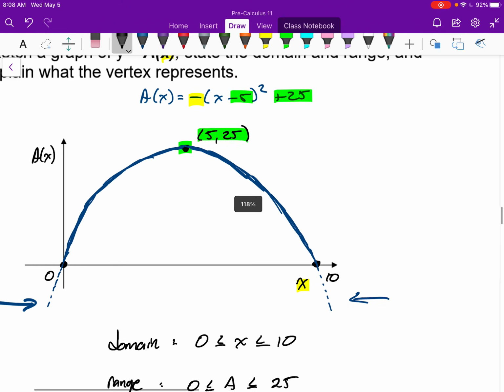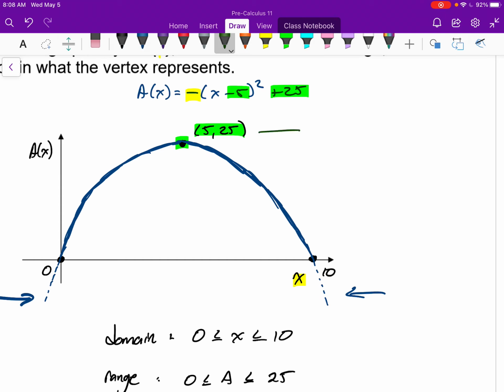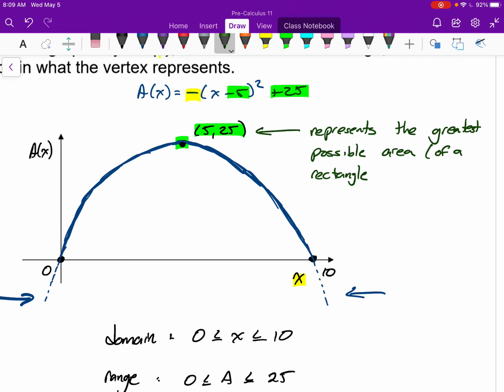And this vertex here represents the greatest possible area of a rectangle with a perimeter of 20 centimeters.